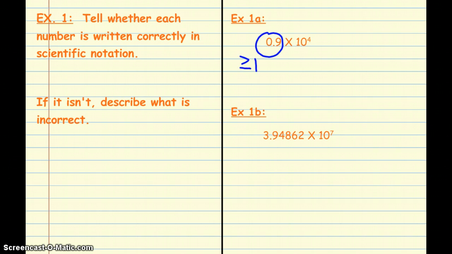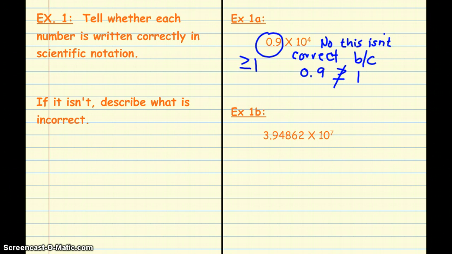Is 0.9 greater than or equal to 1? No, it's not. So we say, no, this is not correct, because 0.9 is not greater than or equal to 1.